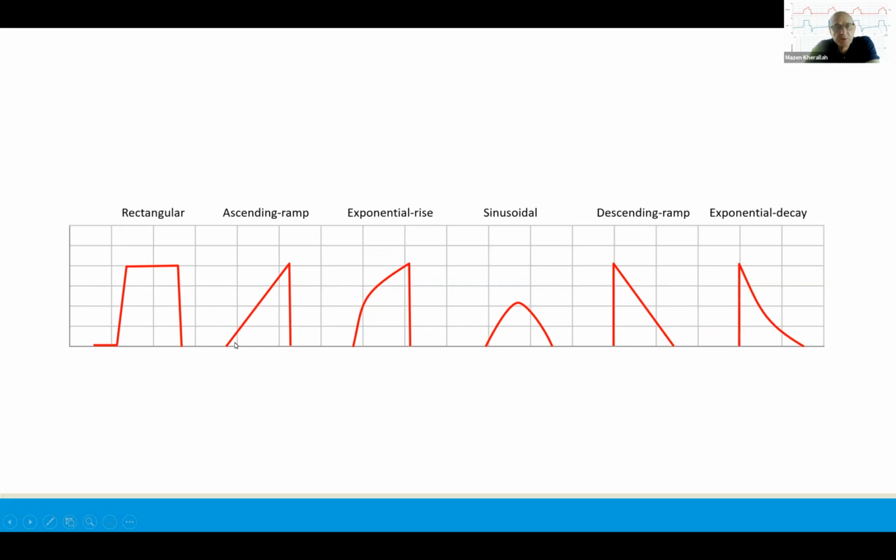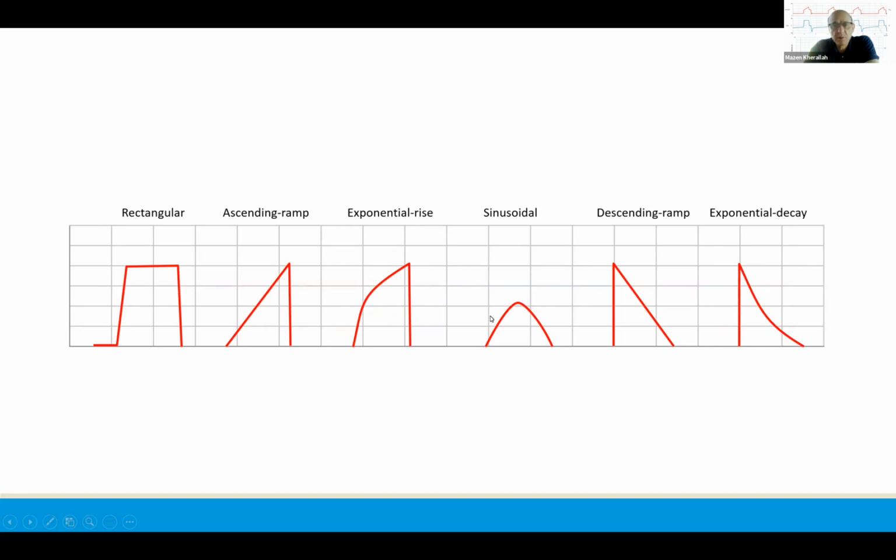You may also encounter an ascending ramp, where the pressure or the flow goes up gradually to the peak pressure point or peak flow point. You may have an exponential rise, meaning that it goes up at different rates. You can see the higher rate of increase in the beginning before it slows down before the peak.